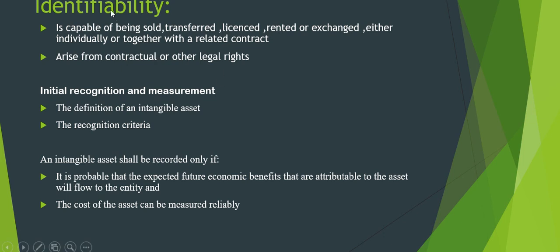Then identifiability, which determines what we will consider an intangible asset according to this standard. The intangible asset is capable of being sold, transferred, licensed, rented, or exchanged, either individually or together with a related contract, but not in the ordinary course of business.